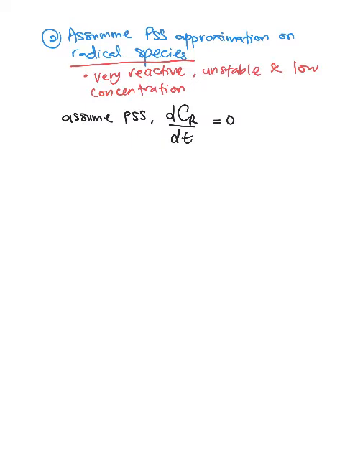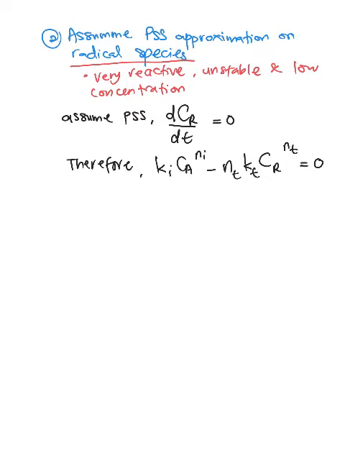Okay, when dCr per dt equals 0, therefore the rate equation Ki Ca power of Ni minus Nt Kt Cr power of Nt will equal to 0.